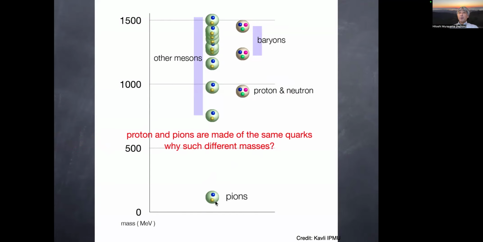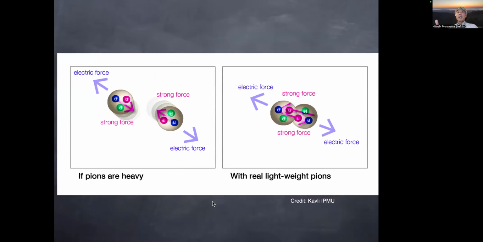And the reason why that's an important question is because the pion, as Yukawa told us, is the particle that mediates the binding force within the nuclei among protons and neutrons. So if the pions are heavy, then its Compton wavelength is short.